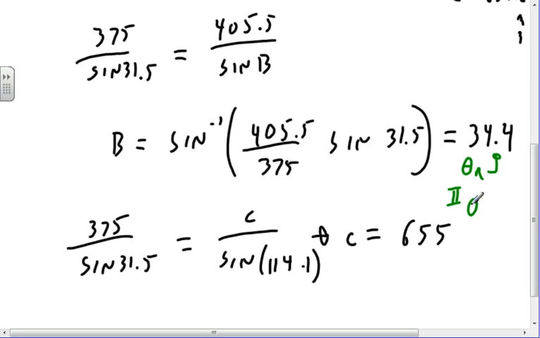So the second quadrant answer would be 180 minus 34.4, which would be 145.6. So what if B was really 145.6 degrees?